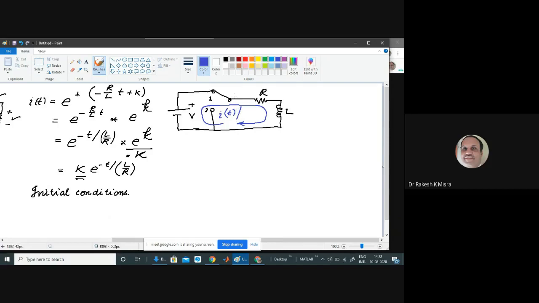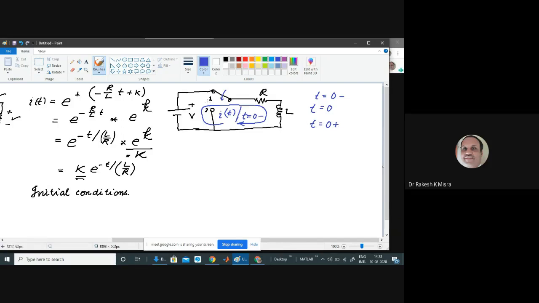But we will say that this switch is just going to leave 1 and is going to get connected to 2. That moment we call t is equal to 0 minus. So we have two moments. One is t is equal to 0. Another is just before this, which we call 0 minus. And just after this, we call 0 plus.